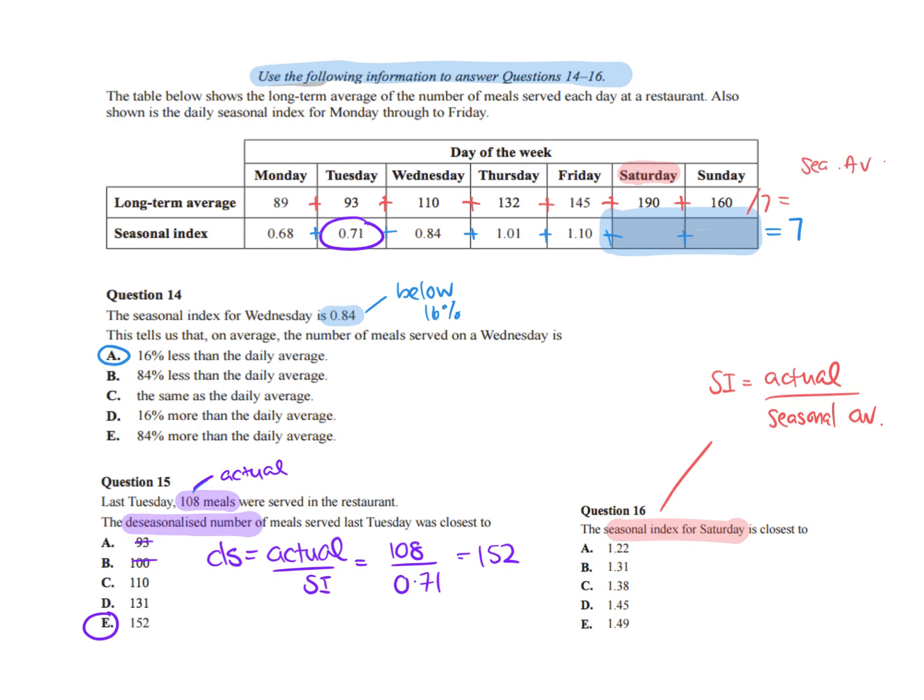So we're going to do that on our calculator. I got the seasonal average to be 131. So when I go to the seasonal index, Saturday actually was 190 and the seasonal average was 131. So we end up with 190 divided by 131, and we get a seasonal index of 1.45.